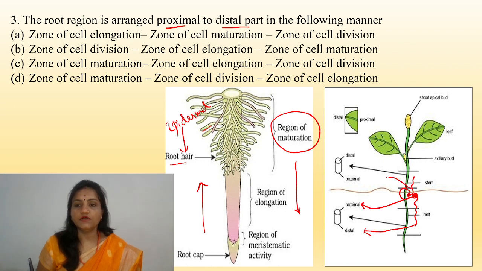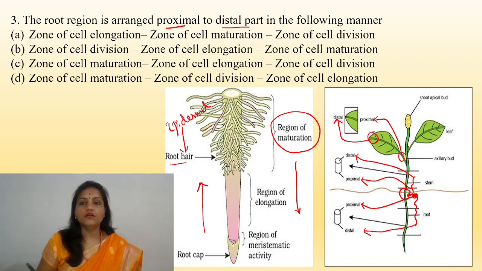With respect to the stem, the part near the seed's initial germination is proximal, and the farthest from the seed germination point is distal. With respect to the leaf also, this part is proximal and this part is distal.